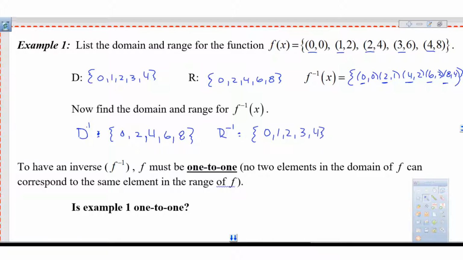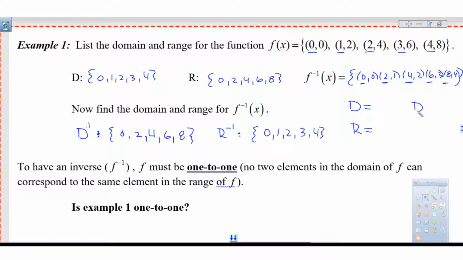Tell me what you notice, everybody. They switch, right? Why do they switch? Domain is x, range is y, and if you switch the x's and y's, that switches the domain and range. That makes sense, right? Here's something you need to remember.